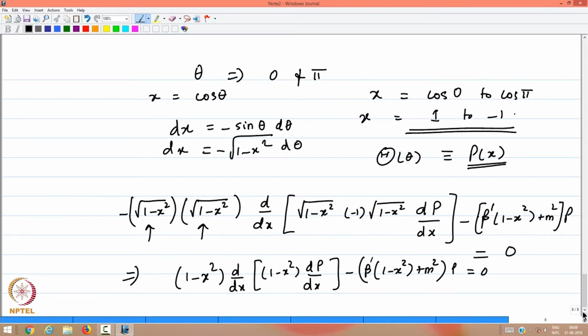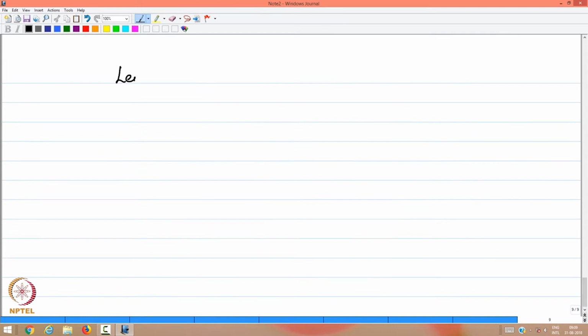And the last line now is the Legendre equation and the associated Legendre equation.